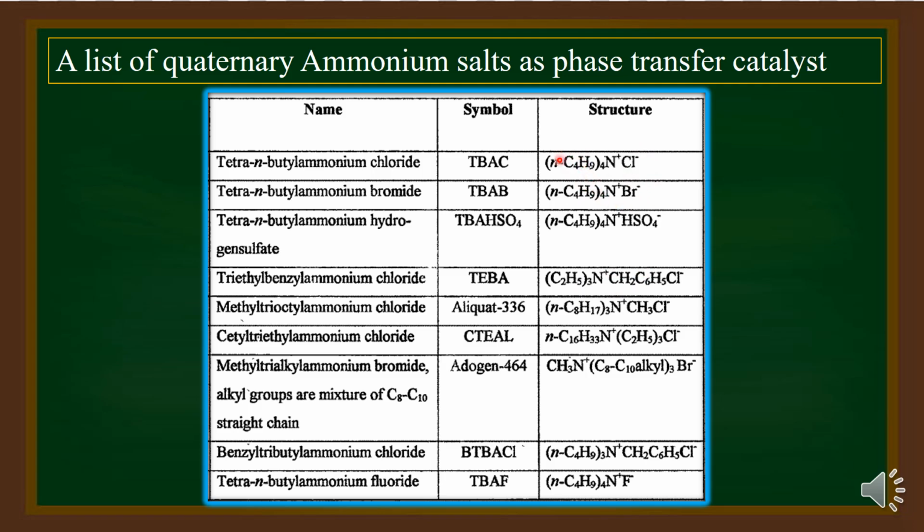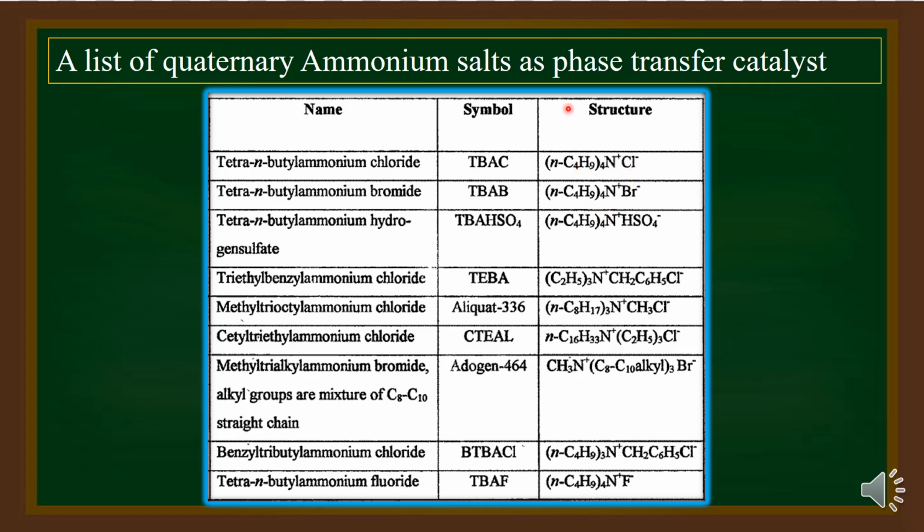So the alkyl and aryl part of the molecule is non-polar. It is made up of only carbon-carbon and carbon-hydrogen bonds. Since it is non-polar, it is hydrophobic and it is miscible with organic solvents. Whereas the other end of the molecule, which is ionic, makes it miscible with the aqueous phase.